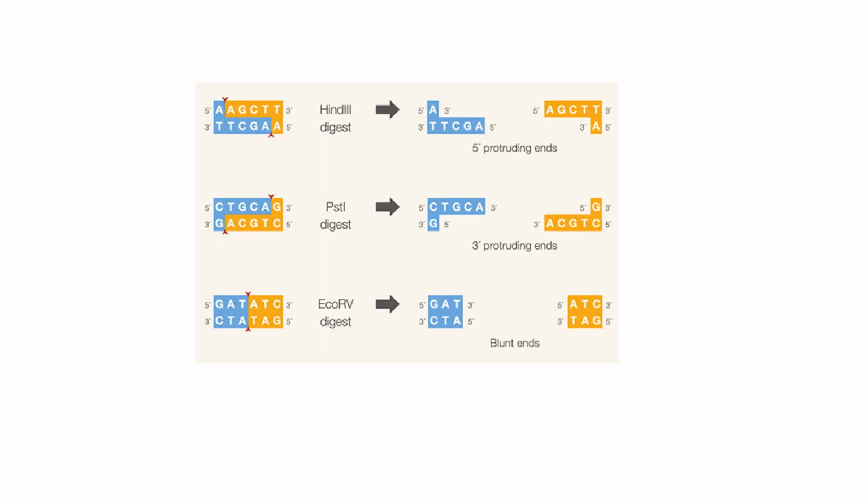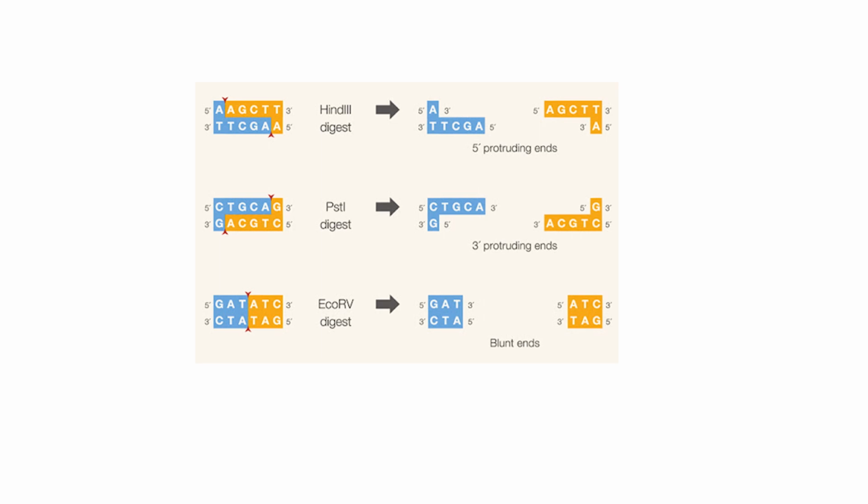That means 5 prime overhang, which is marked by a phosphate group. When we allow Pst1 to digest the intact DNA, it produces 3 prime overhangs, meaning the 3 prime end contains a hydroxyl group, the OH group.